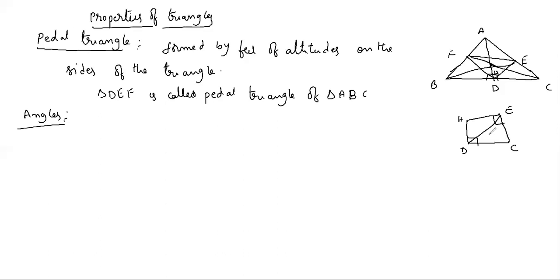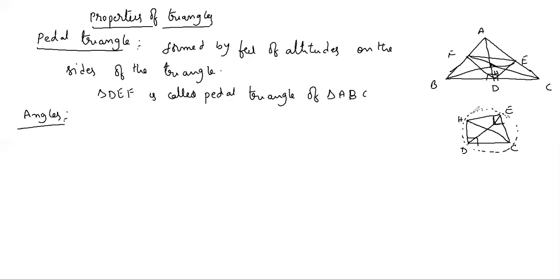A cyclic quadrilateral, we know, has the sum of opposite angles equal, and the vertices lie on a circle. The sum of two angles is 180, so the other two are also 180, so it is a cyclic quadrilateral.